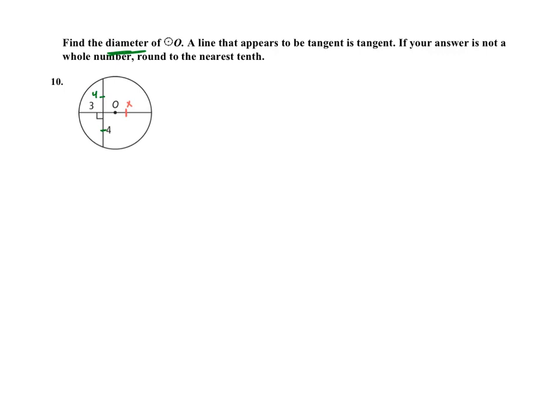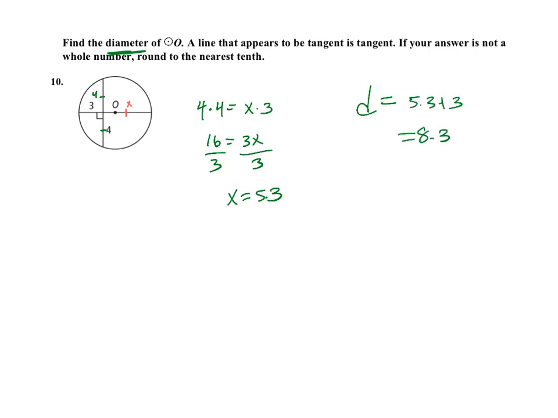So again, I have 4 times 4 equals x times 3. So 16 equals 3x, and I'm going to divide by 3. So x equals 5.3, but I want to find the diameter. So then it's 5.3 plus 3 equals 8.3 units.